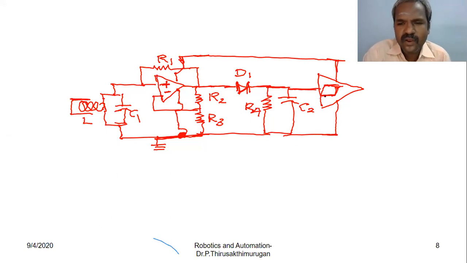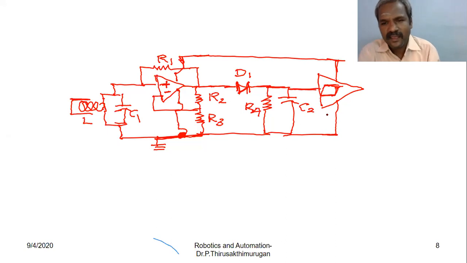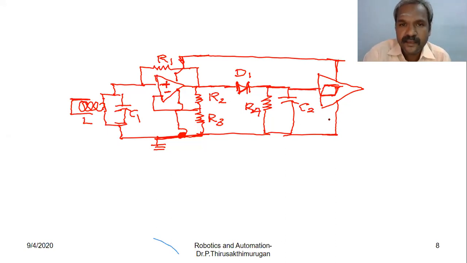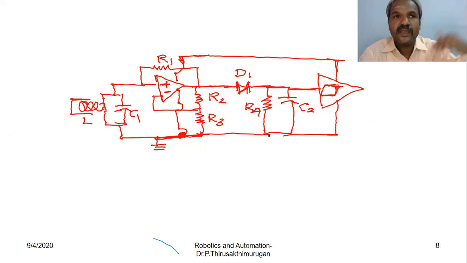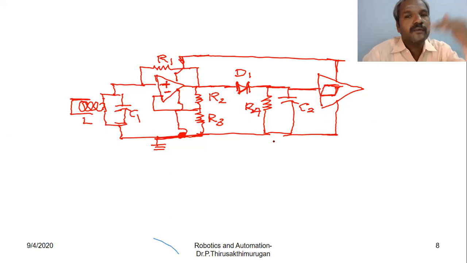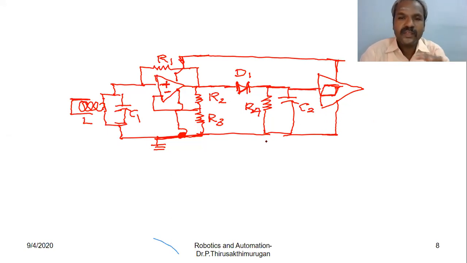So what is the role of this Schmitt trigger? There are two possible outputs from the Schmitt trigger. When the input to the Schmitt trigger is very high, then the output from the Schmitt trigger is also very high. Can you understand? So there are two levels.